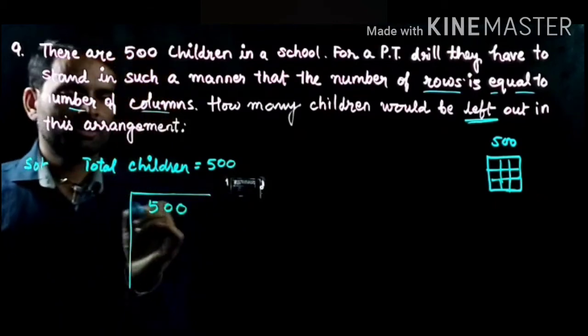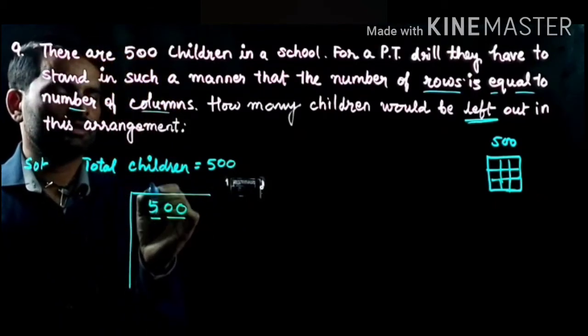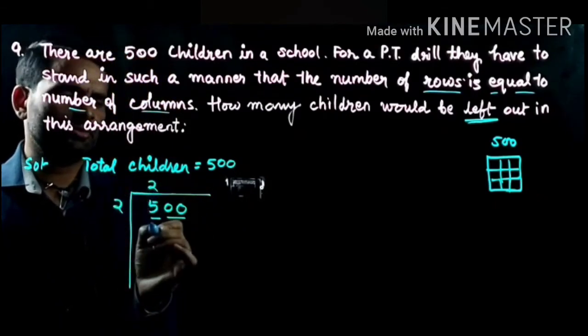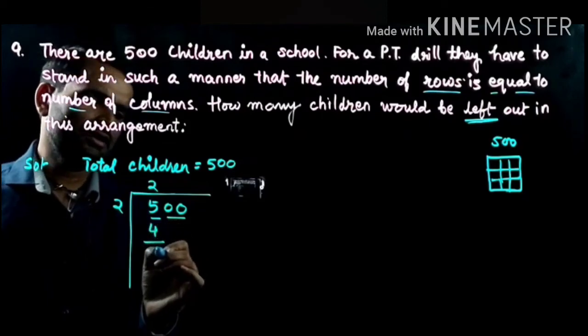Two pairs. First take 2, because 2 2 is 4, very simple, and 4 minus 4 is 0.